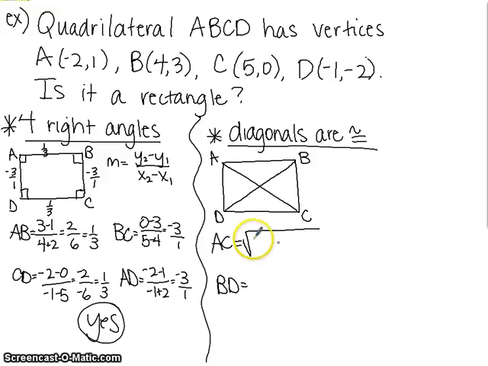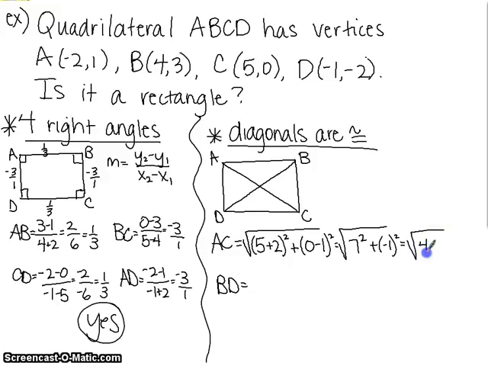Let's find AC. 5 minus negative 2 is plus 2, so 7, and 0 minus 1. So we have 7 squared plus negative 1 squared. That would be 49 plus 1, or square root 50. Now let's see if we get that for the other one.